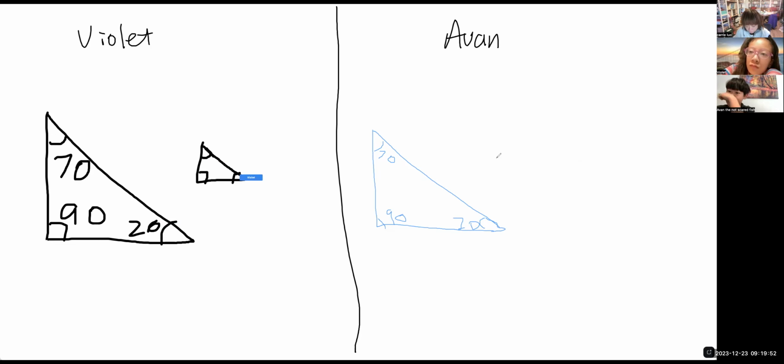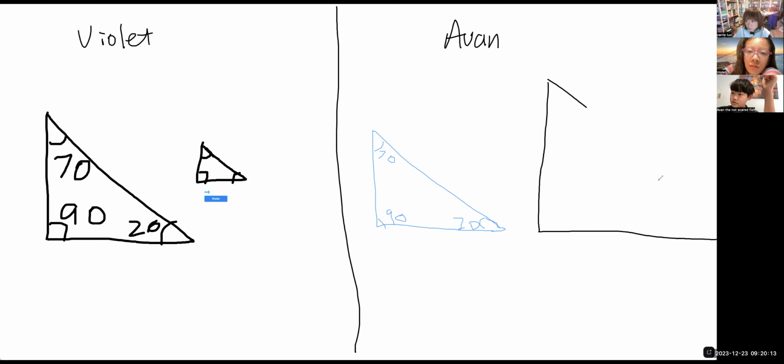I don't know. I think it erased itself. Yeah, I can't draw my big triangle because whenever I draw a line, the other line disappears.